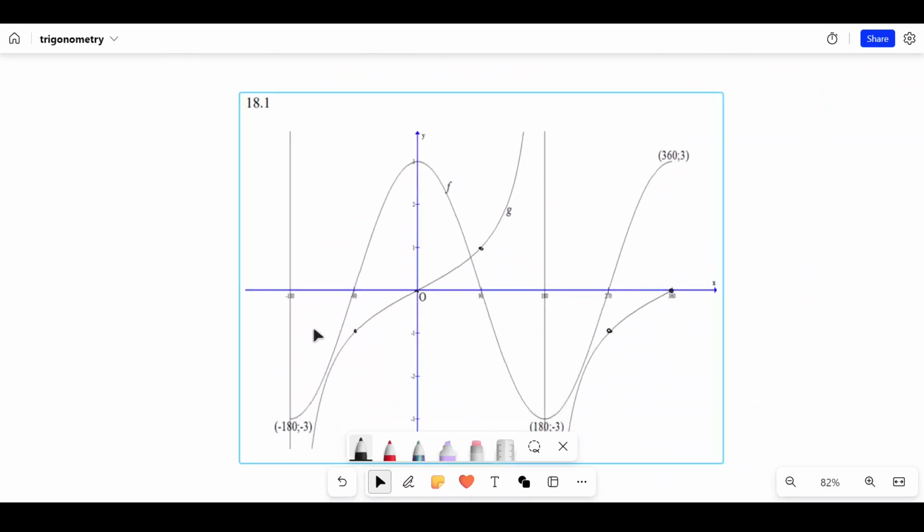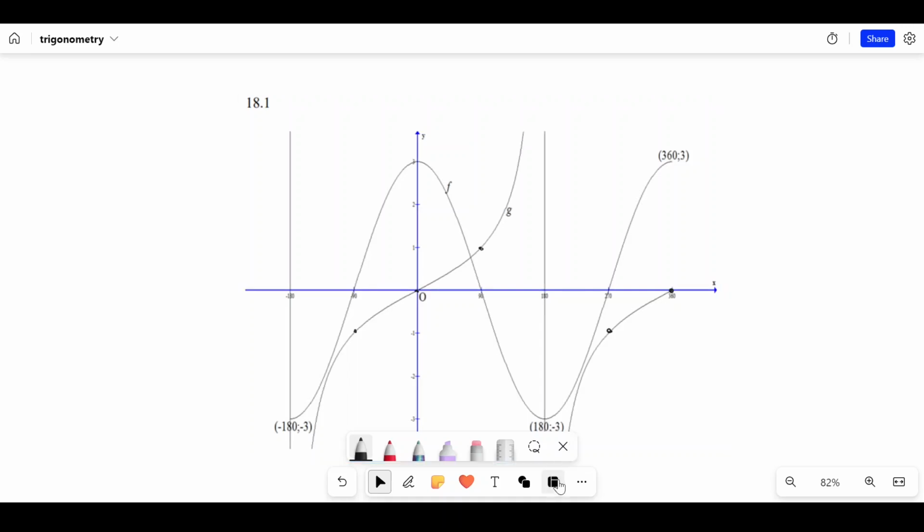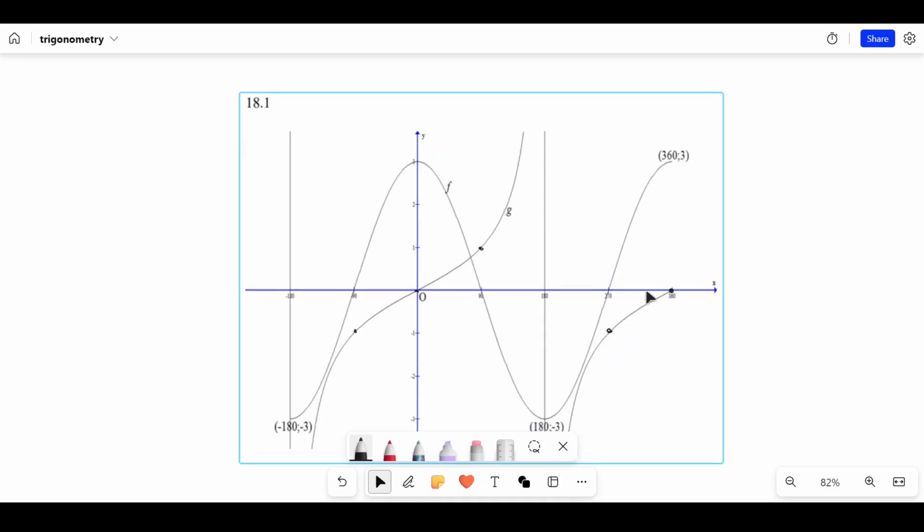Here, this part of the f graph is an increasing part. Now it decreases. After the turning point, it decreases. Then after the next turning point, it increases again. For the g graph, this is an increasing part. It's increasing throughout. Then here also it's increasing. So the g graph is always increasing. It's never a decreasing graph. It's an increasing graph throughout.